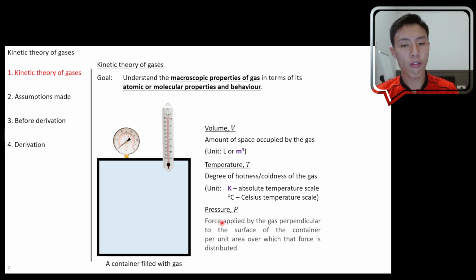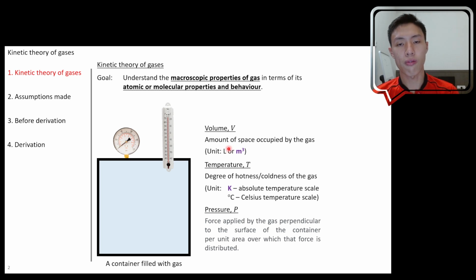You measure the force applied by the gas perpendicular to the surface. The particles exert a force at a certain angle, but you find the perpendicular component of the force acting on the surface of the container per unit area. Force divided by area gives you pressure. This force is uniformly distributed all around the container because the gas particles are moving randomly throughout the container.